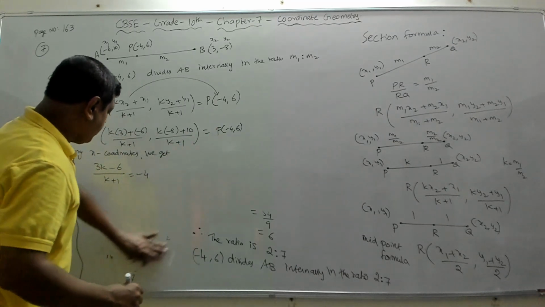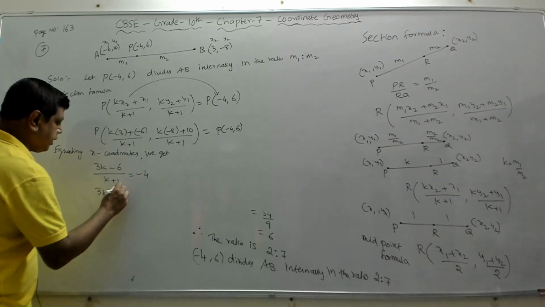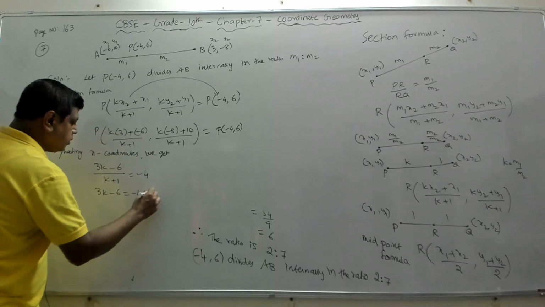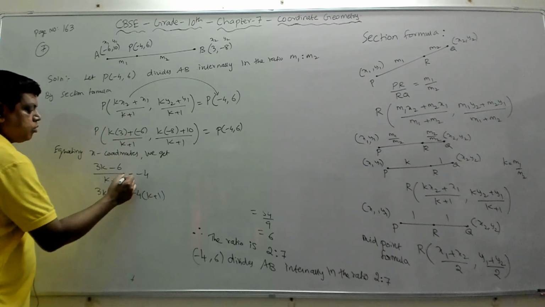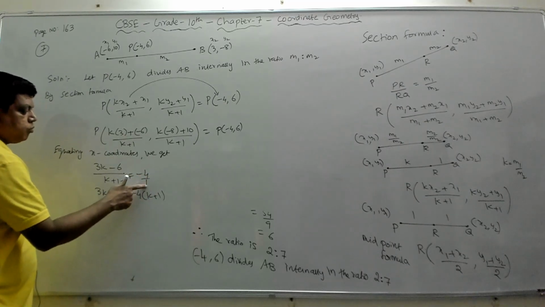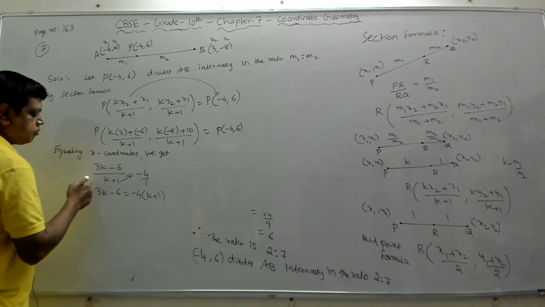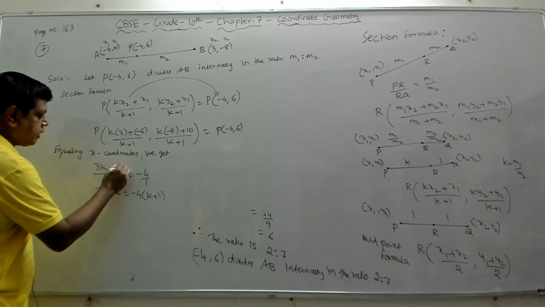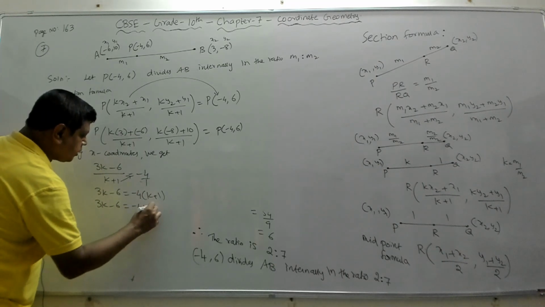Now if you multiply, this will go here. So 3k minus 6 equal to minus 4 into k plus 1. Here it is 1. This into this equal to this into this. The 1 will go here, which is 1 into 3k minus 6, is 3k minus 6. So you get 3k minus 6 is equal to minus 4k minus 4.